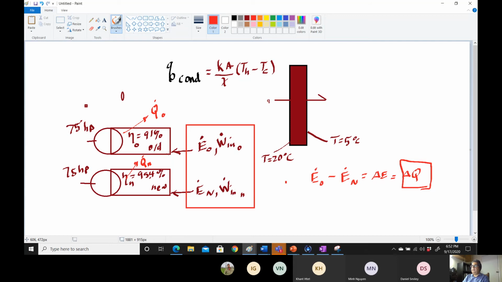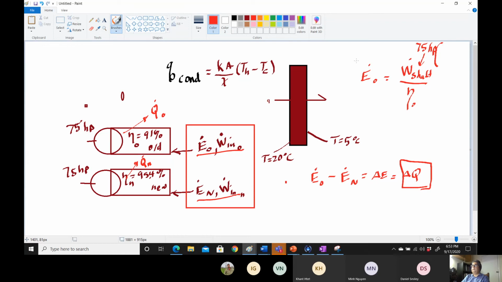Now, how do you determine that? How do you find these? The electricity required to run the old motor is equal to the shaft output, the work of the shaft, divided by the efficiency of the old motor. The work of the shaft is 75 horsepower, but since you're dealing with electricity, you want to convert that to kilowatts.